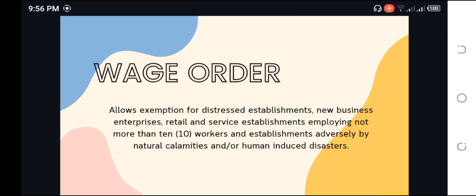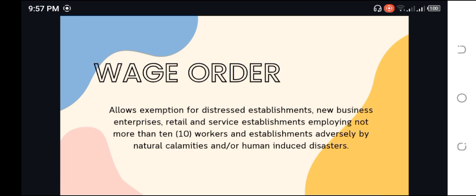Wage order allows exemption for distressed establishments, new business enterprises, retail and service establishments employing not more than 10 workers, and establishments adversely affected by natural calamities and/or human-induced disasters. A wage order allows certain businesses to be exempt from following specific wage regulations.